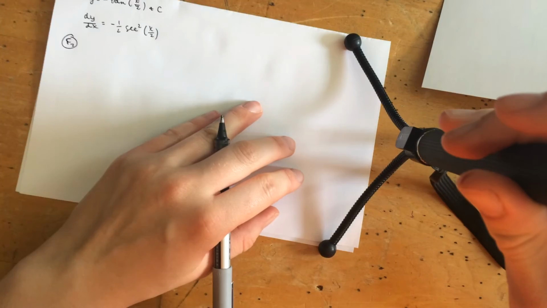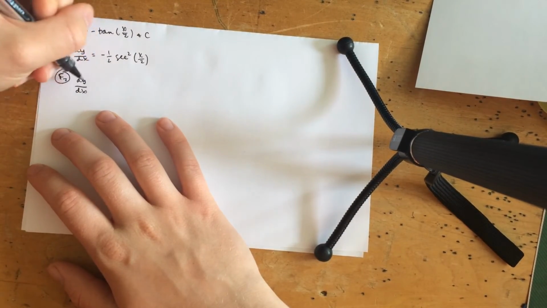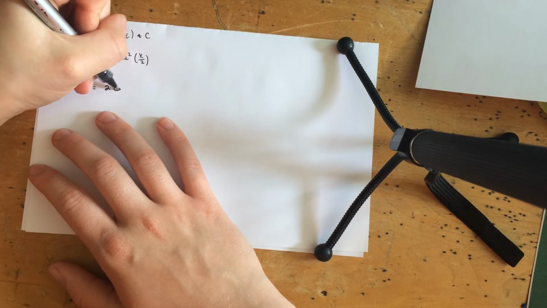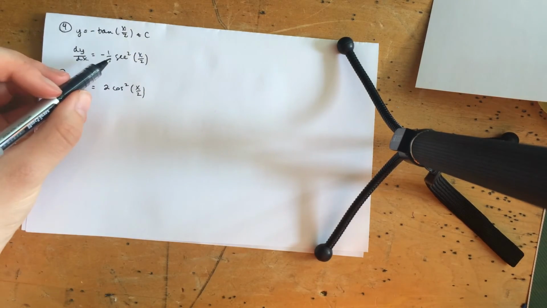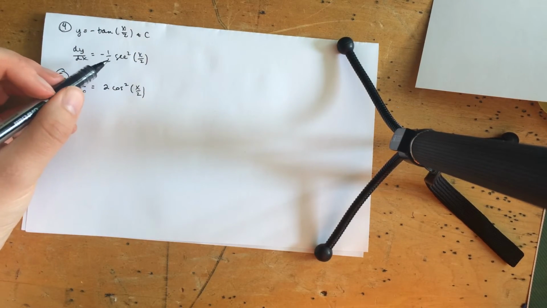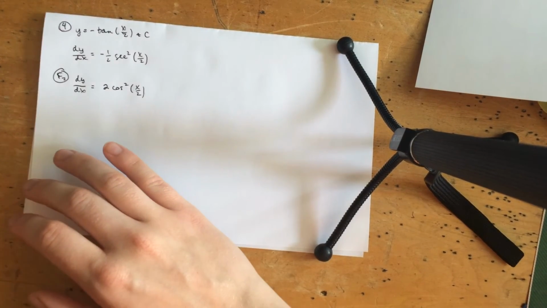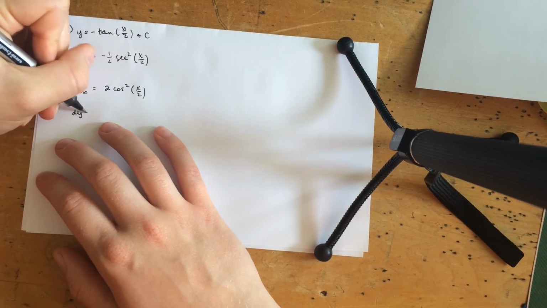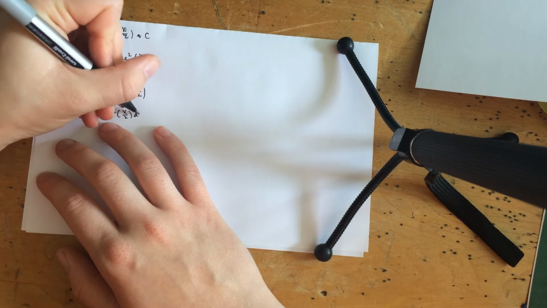dy dx for that equals 2 times cosine squared of x over 2. And we can do that because 1 over secant is cosine, because secant is 1 over cosine. Now, separating the variables, dy equals 2 cosine squared x over 2 dx.